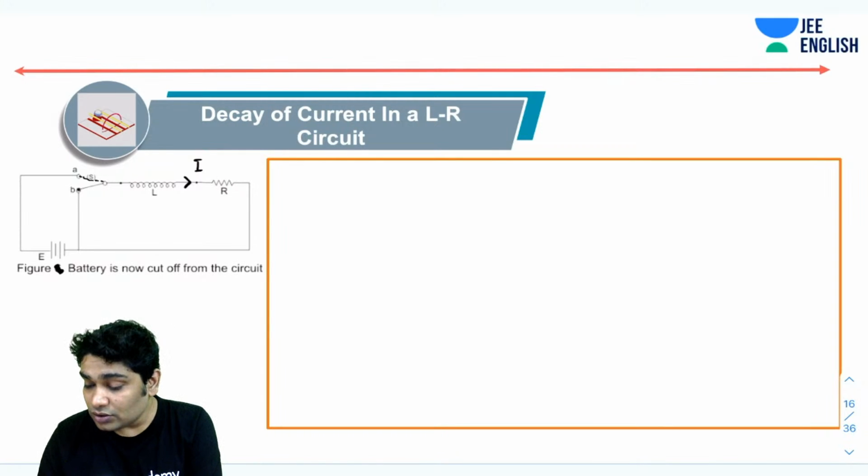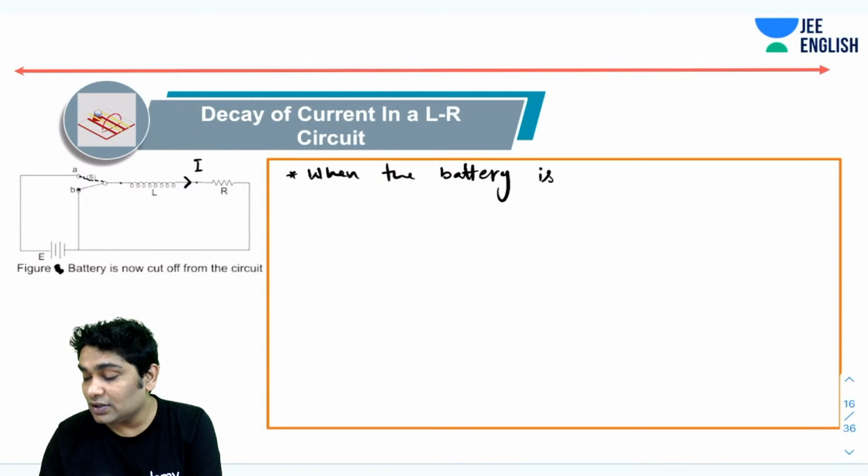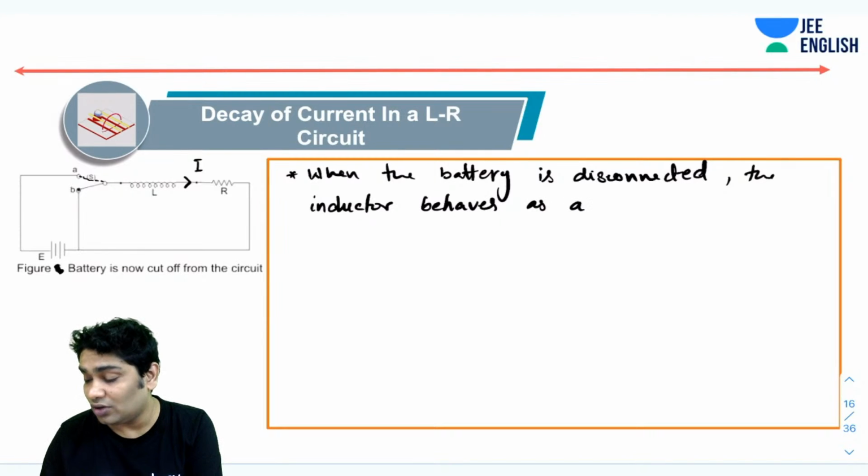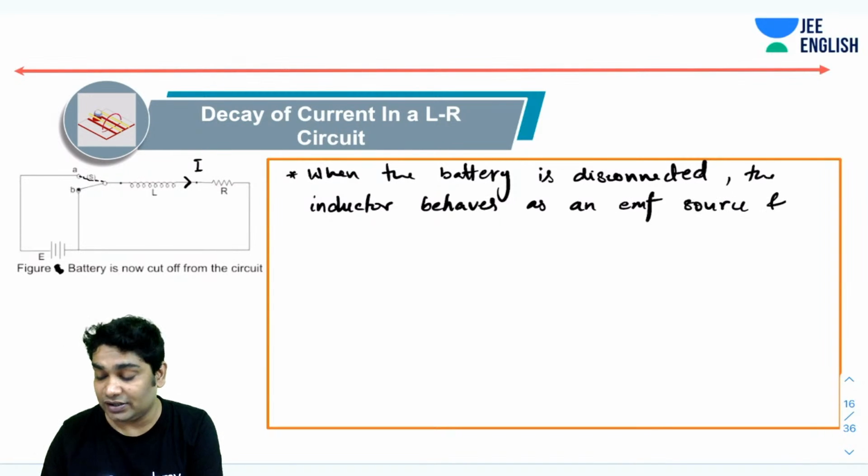Okay, so let's write about that. When the battery is disconnected, the inductor behaves as a source of energy, or as a current source, or as an EMF source, and does not let the current fall instantaneously.